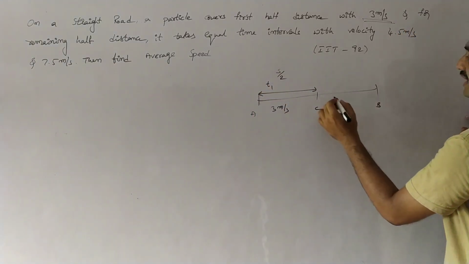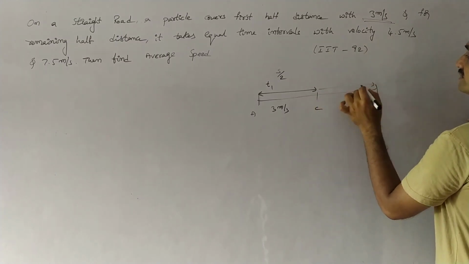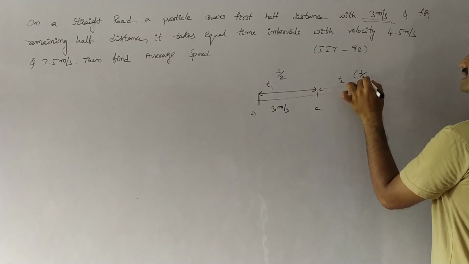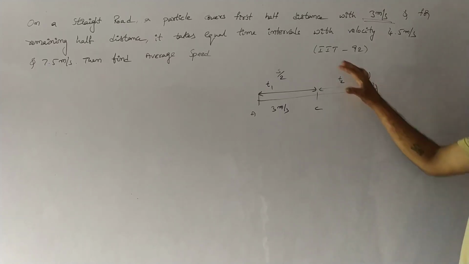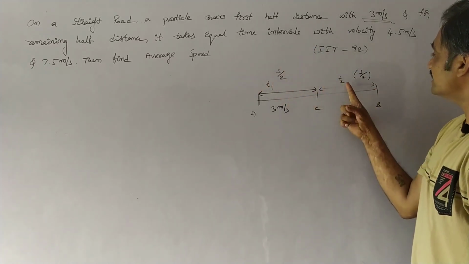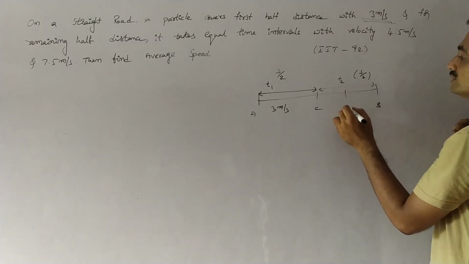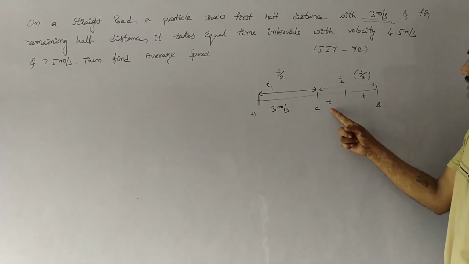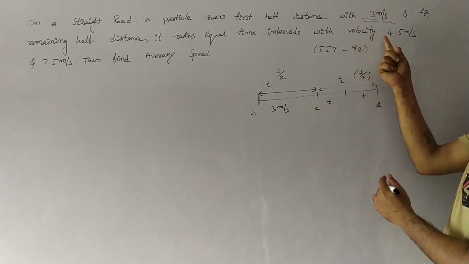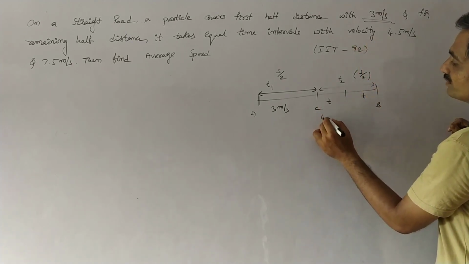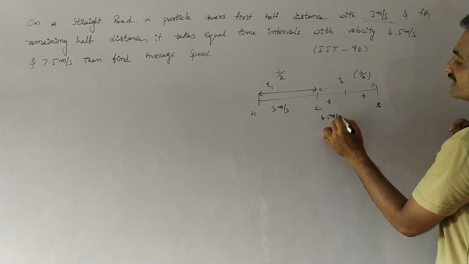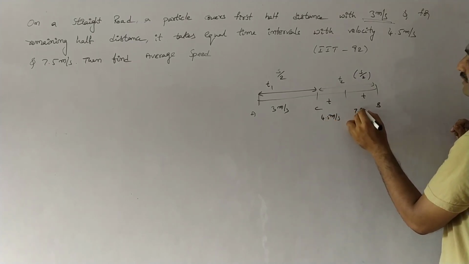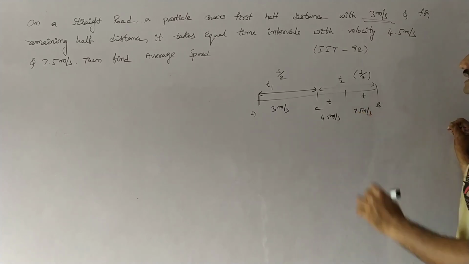Next, the remaining half distance, represented as S by 2, is covered within a time of t2. Here it is represented that this t2 has been split into two time intervals, t and t. The first time interval is traveled with a velocity of 4.5 meter per second, and the next time interval is traveled with a speed of 7.5 meter per second.